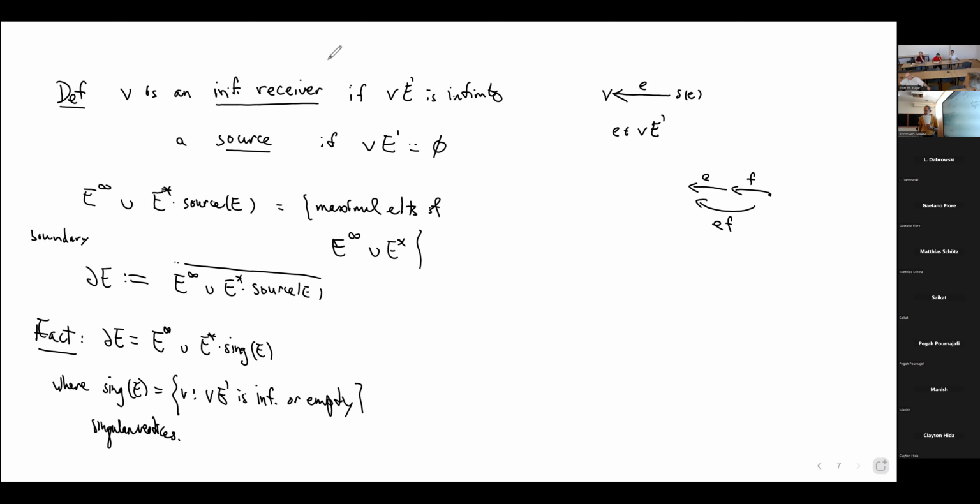So this v is not a source, because there's an edge going through. And if you have a finite path whose source is a source, then it can't be extended, because there's no edge whose range is that source that you can tack on to make it longer. A source in a graph really means non-receiver. We have non-receivers and infinite receivers, or the singular vertices. All of the other vertices are sometimes called regular vertices. Singular vertices are either infinite receiver or non-receiver.